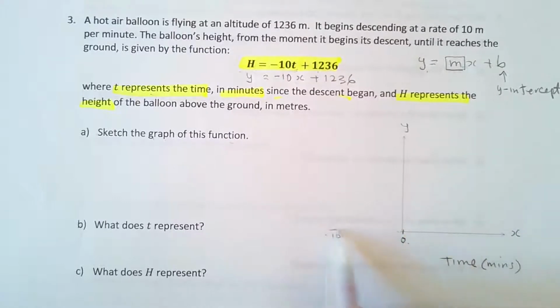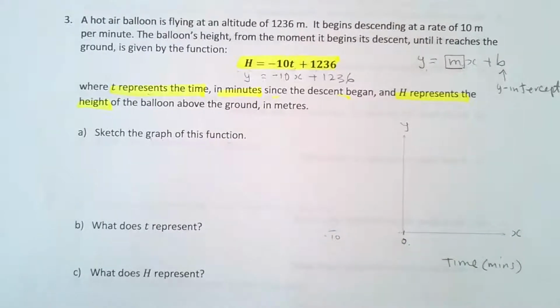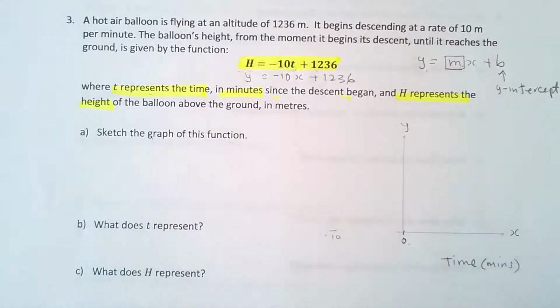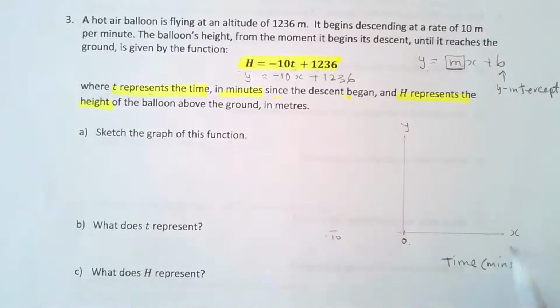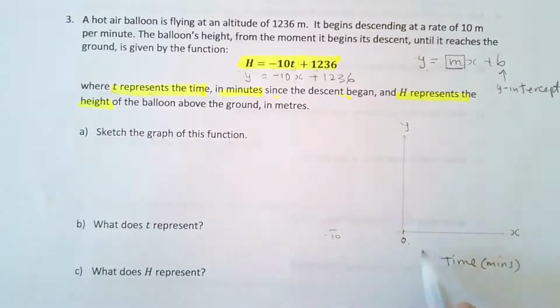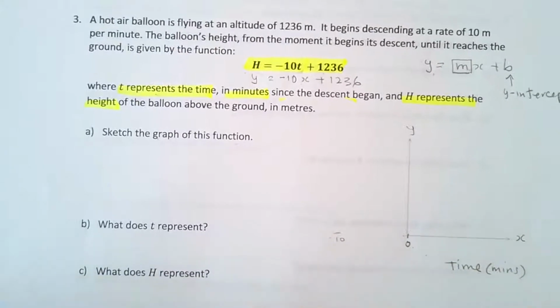So if you were to have a negative value here, you're saying going back in time, and that's not realistic. In quantum physics, you probably would go back in time, but not in this question here. You cannot go back in time. You cannot go back before you started.